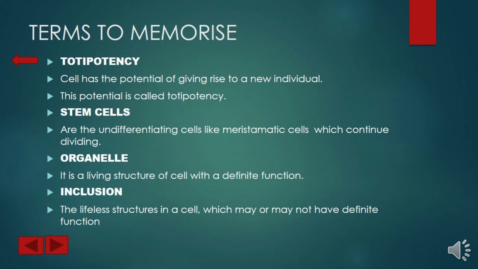Coming to organelles, these are the living structures of the cells with definite functions, like mitochondria, endoplasmic reticulum, Golgi apparatus, etc. Now coming to inclusions, these are the lifeless structures in the cell which may or may not have definite functions, like vacuoles. In many plant cells, there are vacuoles which collect only the waste inside the cell.